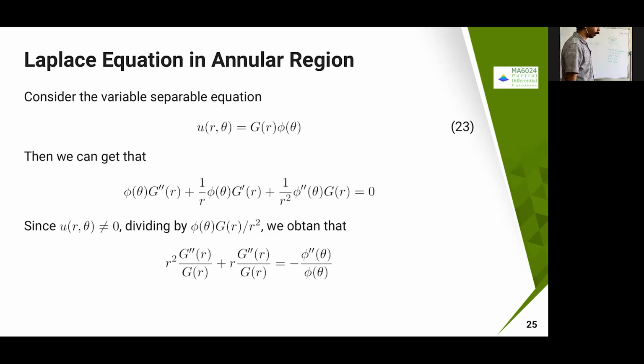Then what you are going to get is an equation like r square g double dash of r divided by g of r, plus r into g dash of r divided by g of r, equal to, on the other side, minus phi double dash of theta divided by phi of theta.